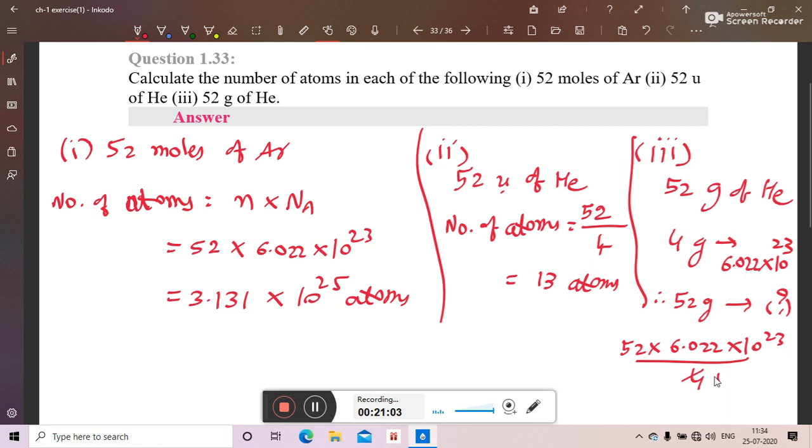So 13 fours are 52. So we'll get 13 into 6.022 into 10 raised to 23. So that will be equal to 7.8286 into 10 raised to 24 atoms. So number of atoms of helium will be 7.8286 into 10 raised to 24 atoms.